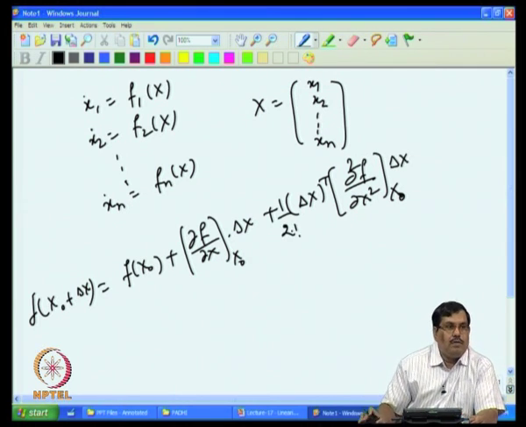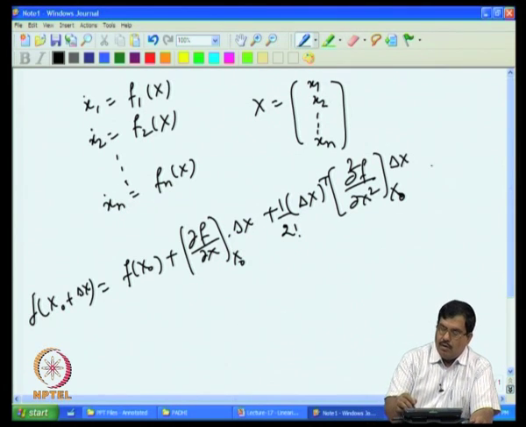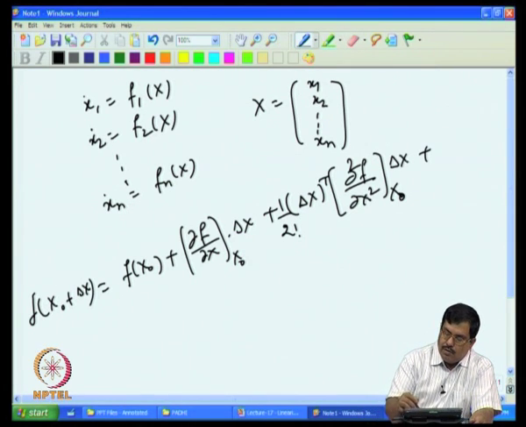Then it will continue with a third order term, which you have to write in a series of matrices and things like that.